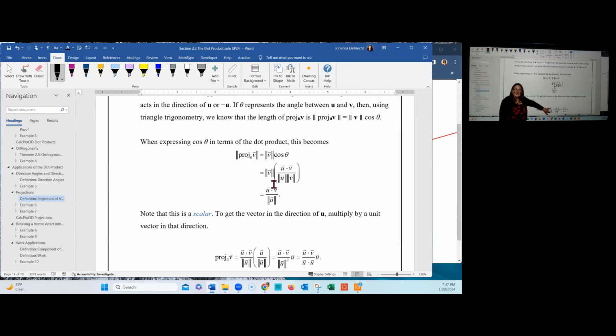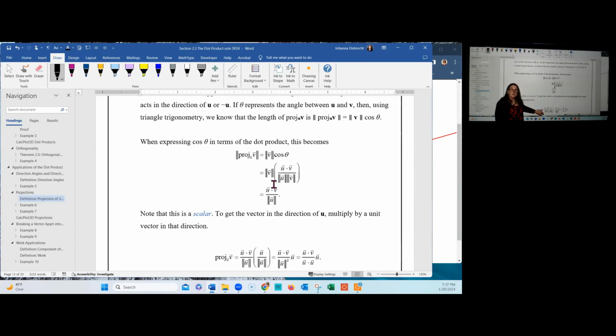Well, a unit vector in the direction of u is just u divided by its magnitude. That will give me a unit vector of length 1 in the direction of u. So that gives me the magnitude of u squared. But wait a minute, we said the magnitude of a vector squared is the dot product of the vector with itself.